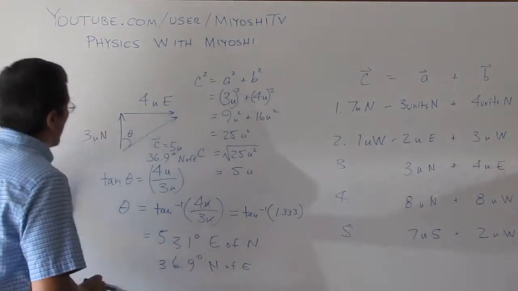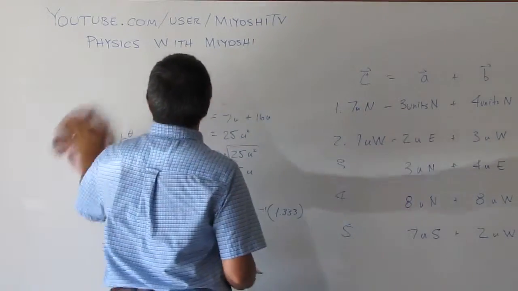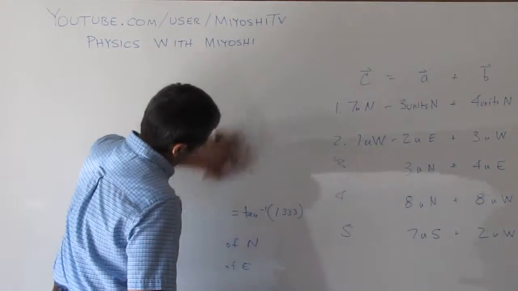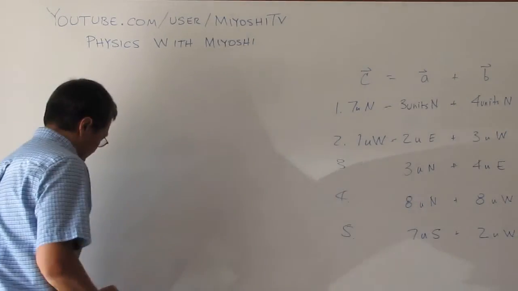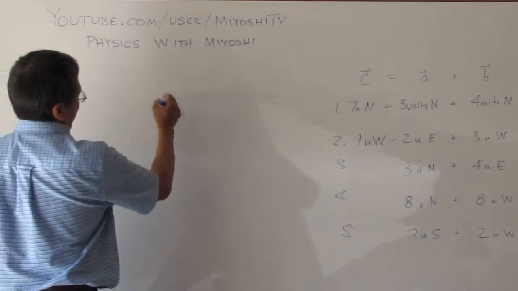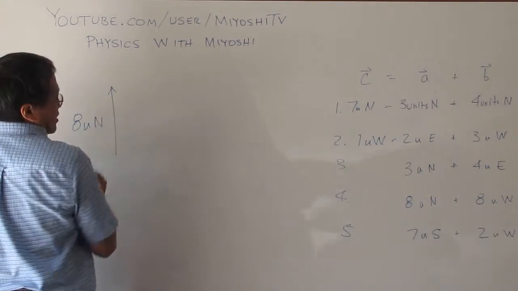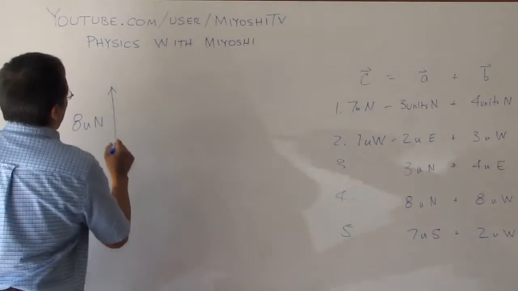The next one, number 4. I'm going to do something very similar. I have 8 units north. And then I have 8 units west.